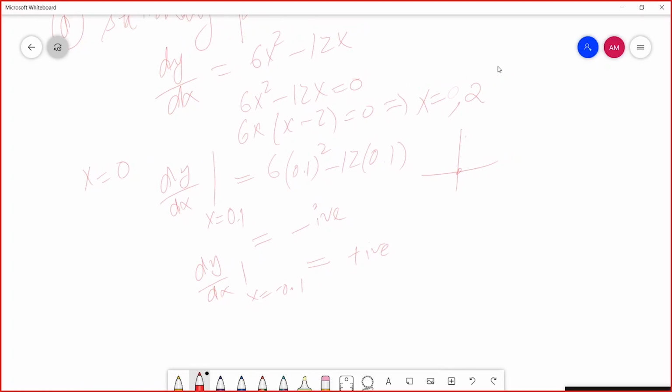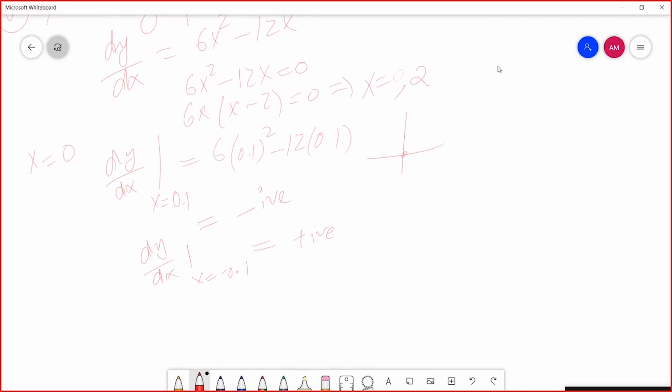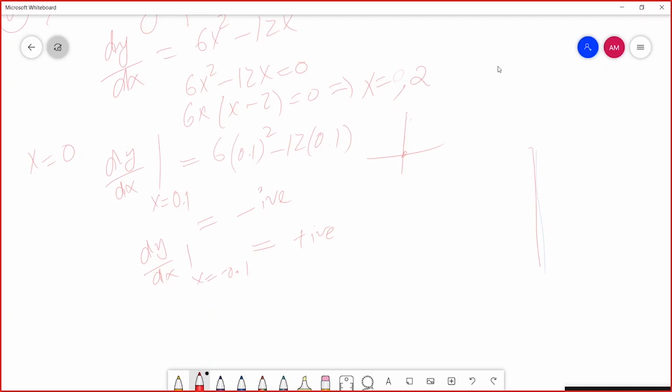So this is something interesting. Let me do this in red color. We found that at 0 it is a point where the sign changes.